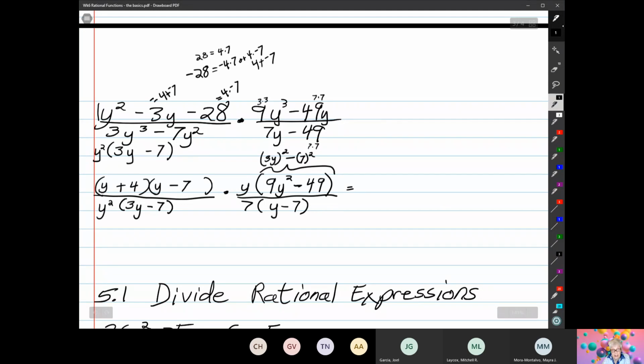So I'm going to copy down the whole thing again. Y plus 4 times y minus 7. And if you're wondering why I don't go ahead and cancel that y minus 7 and y minus 7, I worry it would mess me up if I don't do it all at once. Could I do it? Yes, I could.